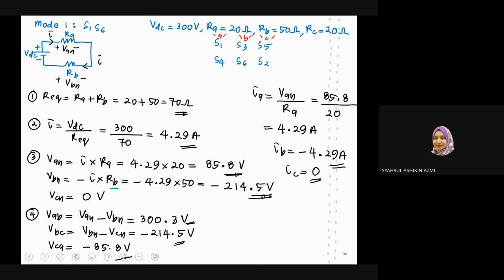Okay, mode 1 we have S1 and S6. The first thing you need to find is the R equivalent.